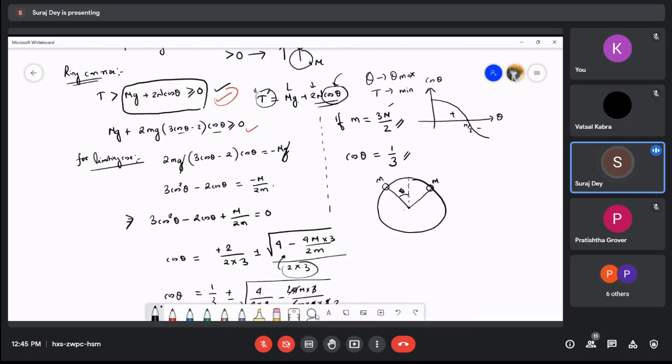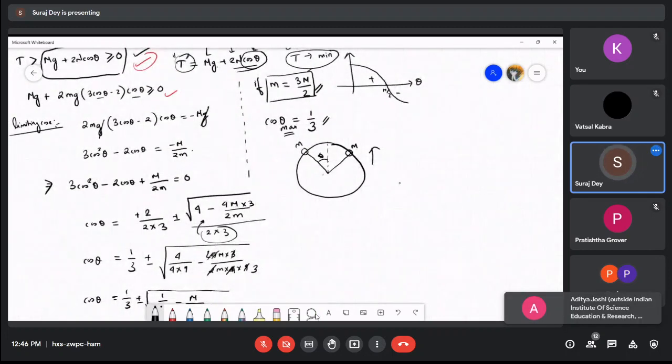So here it is plus, it's minus. So as the angle increases, this cos theta decreases and the tension will be minimum. And so for this ring to rise at all, the limiting case is that at least this much has to be true. And so this condition will correspond to the maximum theta.